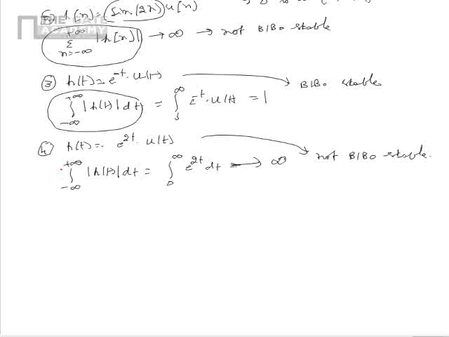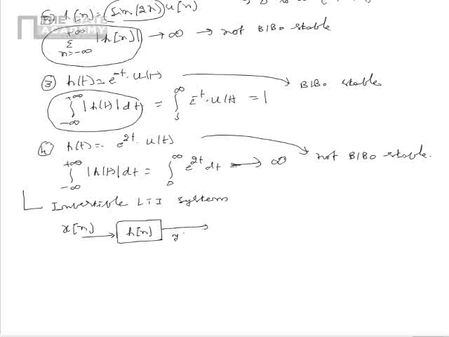Now let us consider another property of the LTI systems, that is invertible LTI system. Given a discrete time LTI system of impulse response h of n, if there is an input x of n given to the system, let the output be y of n.